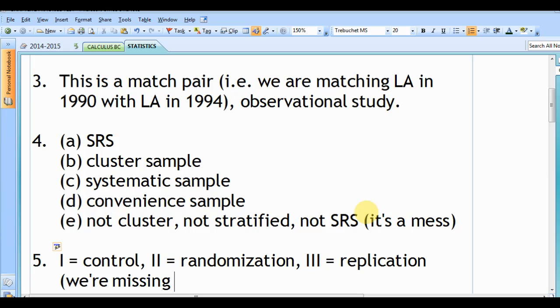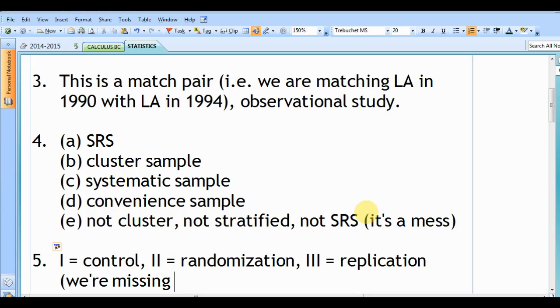What's the experimental design thing that we're missing here? Control, randomization, replication. We're missing one of the steps of experimental design. What are we missing?